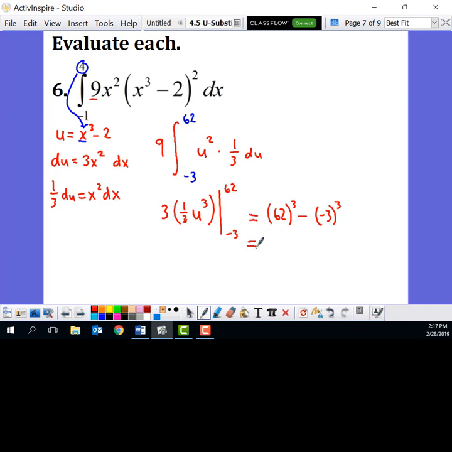All right, so 62 to the third power, you would absolutely have a calculator to help you get that. 238,328. And -3 to the third power is -27. So when we subtract -27, that turns into +27. So we finally add those together. We get 238,355. That's our final answer.